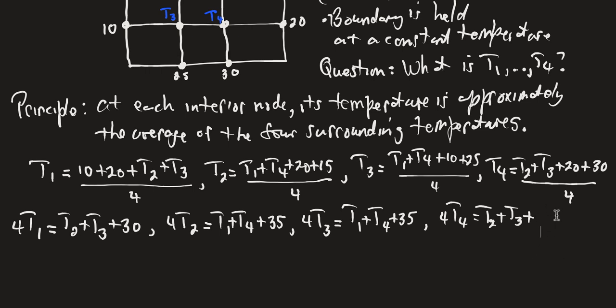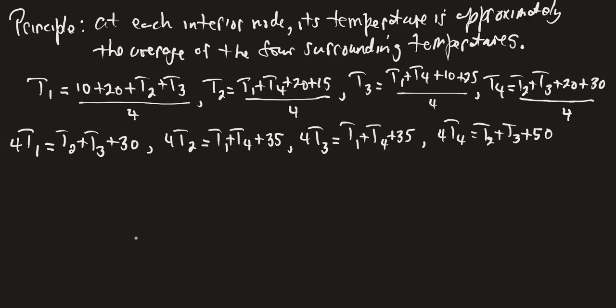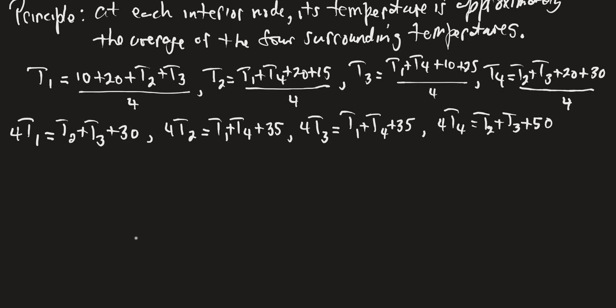So getting closer to the way we typically write our systems, but now let's get all the variables on one side. So, you know, our variables on the left and our constants on the right. And then I'll just kind of write it in the middle now.